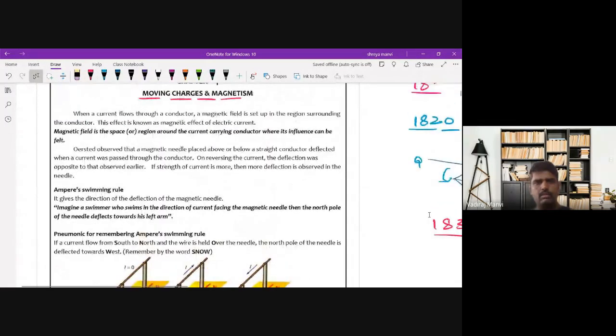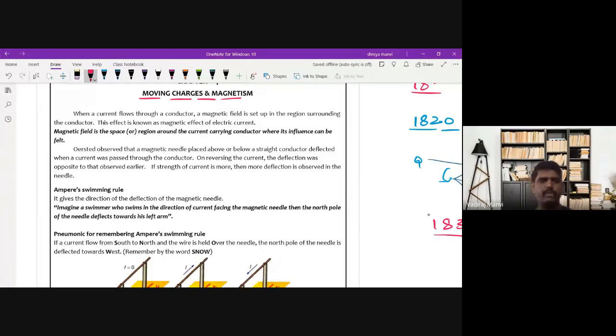So remember, magnetic field, for the time being you can assume, we will see the exact definition later, is the space or a region around the current carrying conductor where its influence can be felt. Means where you can feel the presence of the magnetic field. Fine. So as soon as he gave this, first they started thinking about the direction.